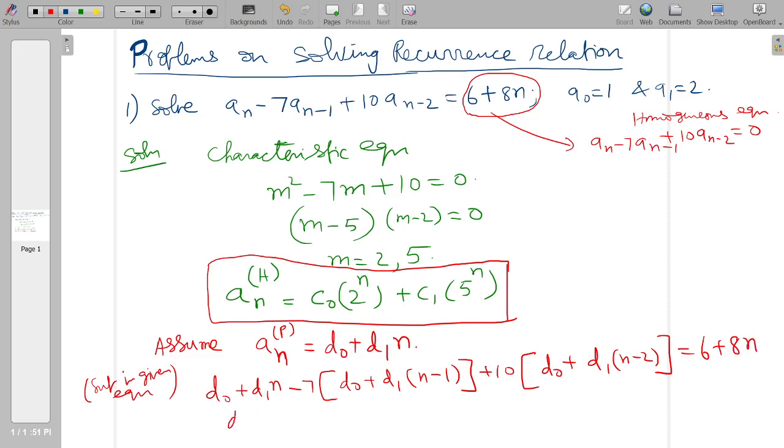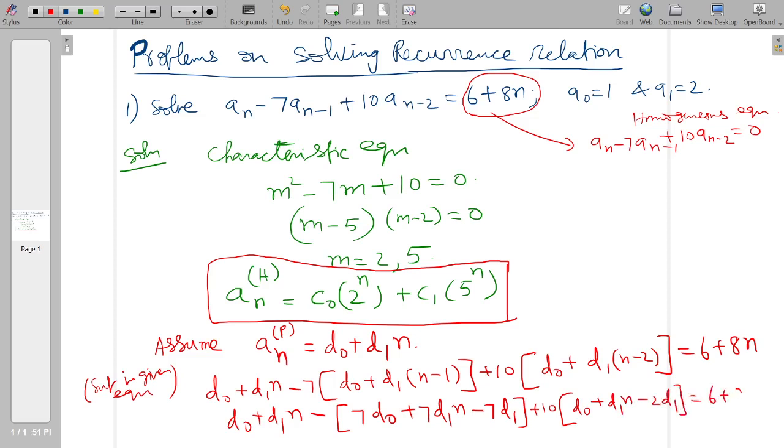So when you simplify this, you have d0 plus d1 n minus of 7 d0 plus 7 d1 n minus 7 d1, plus 10 d0 plus 10 d1 n minus 20 d1, and this would be 6 plus 8n.